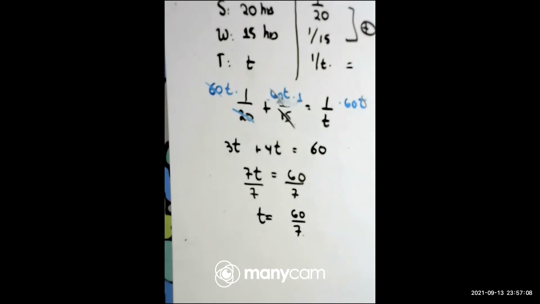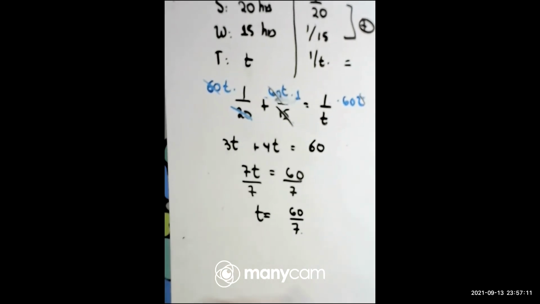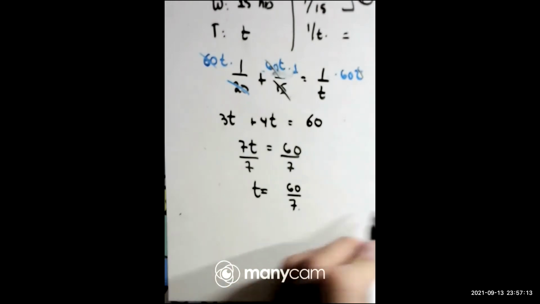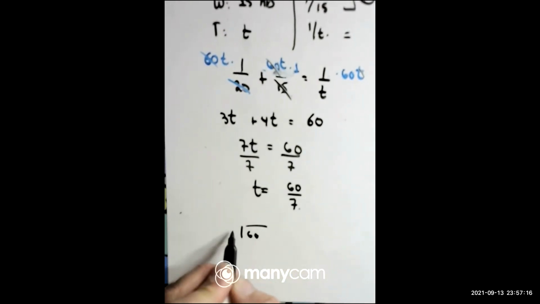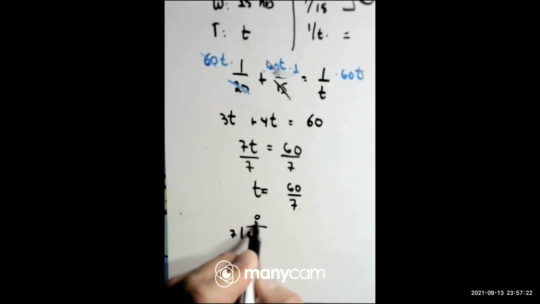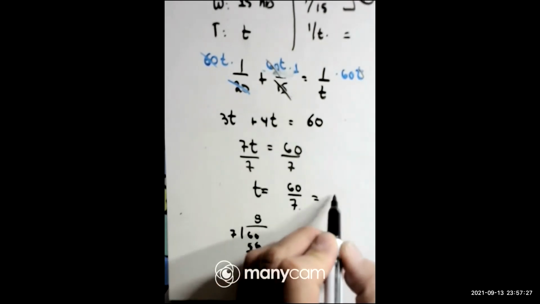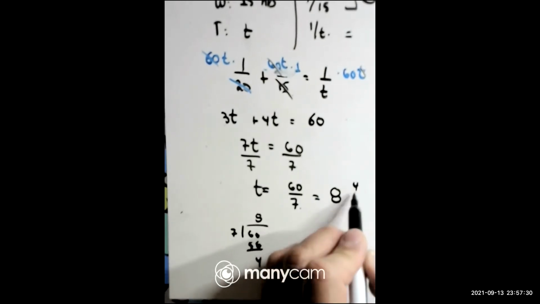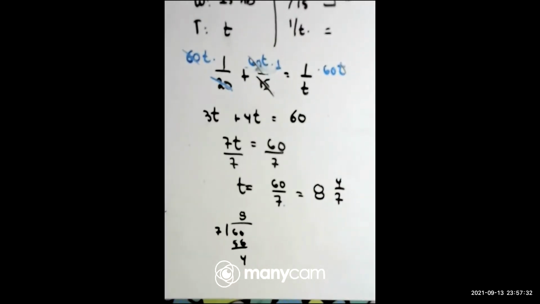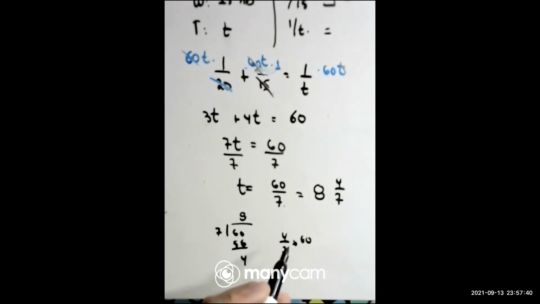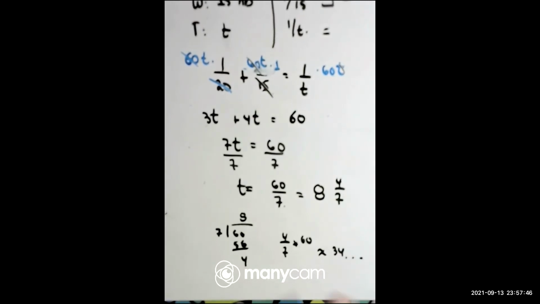Now, what do I do with this 60/7? Well, let's go ahead and practice long division. 7 fits into 60 eight times, that will be 56, remainder 4. So this is the same thing as 8 hours and 4/7. Now, if I take 4/7 and multiply by 60, why 60? 60 minutes in 1 hour. 4 times 60, 240 divided by 7, that's approximately 34 point something.